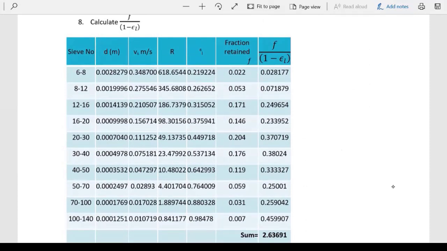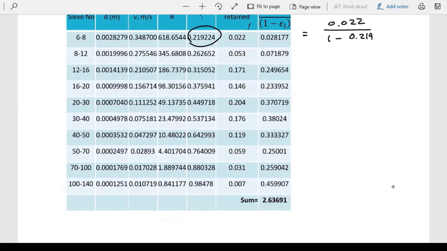So the next step is to calculate the fraction divided by 1 over your expanded bed porosity. So this is equal to 0.022 divided by 1 minus this expanded bed porosity, and that is equal to this value. And we will sum all of these values. Again, no negative values.